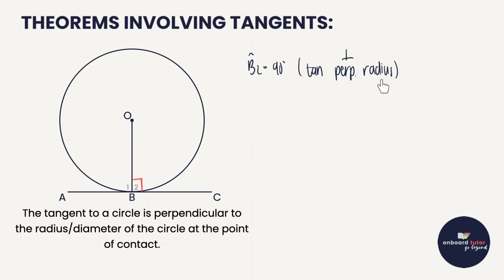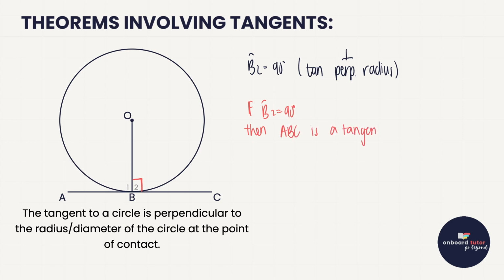Okay, so tan perp radius happens when they tell us that we've got a tangent and they tell us we've got a line from the center. But alternatively, if we have a line from a center that hits a random line outside of our circle at 90 degrees, then we've got the converse. So if we are given that B2 equals 90 degrees, then we can say ABC is a tangent.